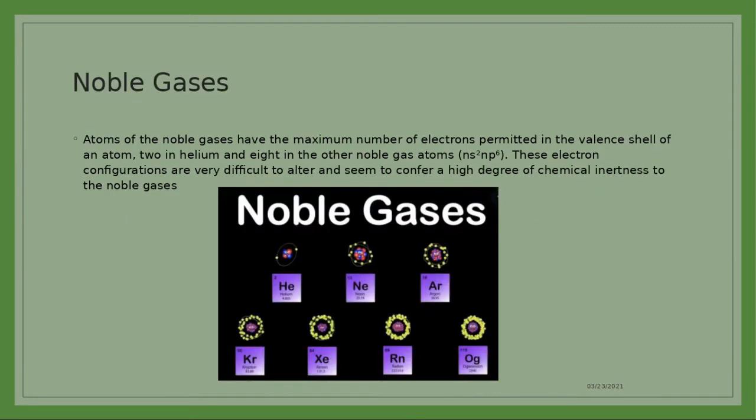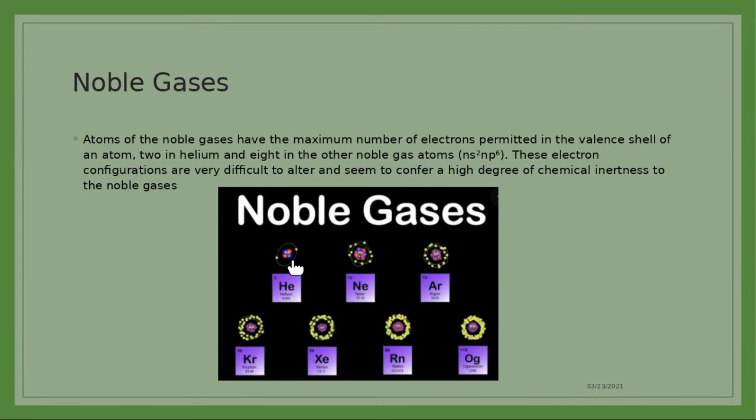Here, noble gases. As you know, the noble gases are helium, neon, argon, krypton, xenon, and radon, and the first noble gas is helium. These are very stable elements.